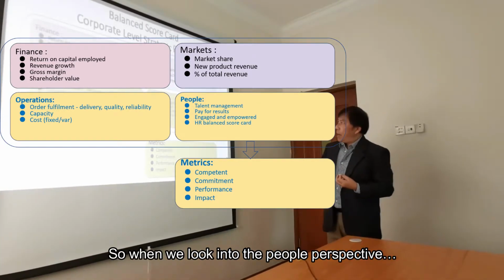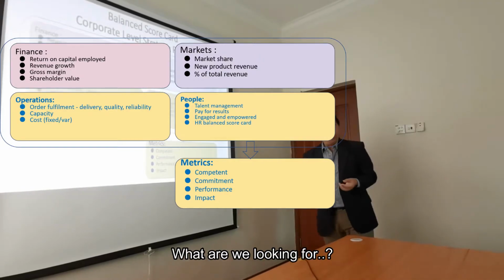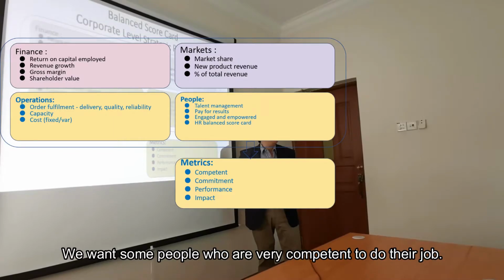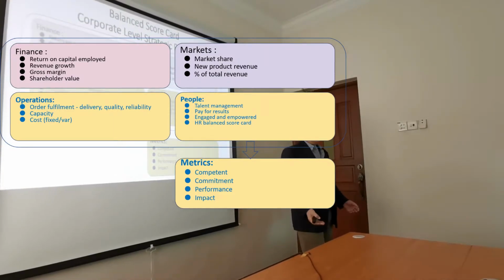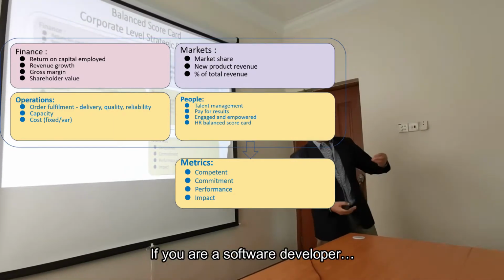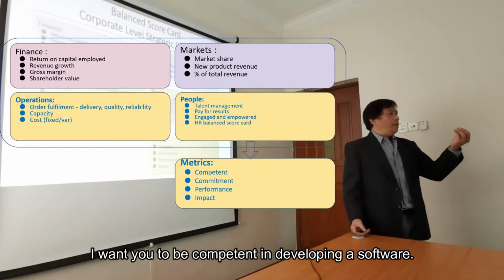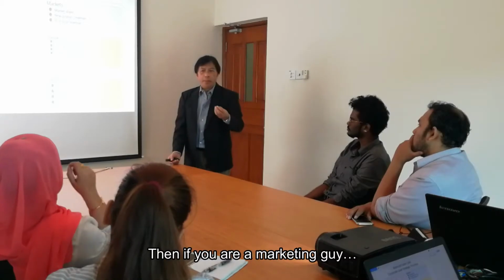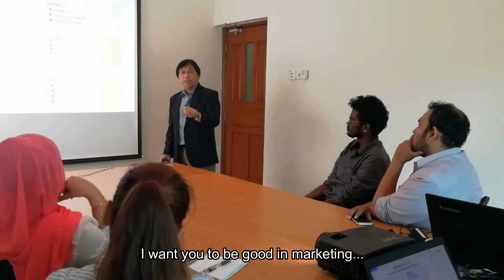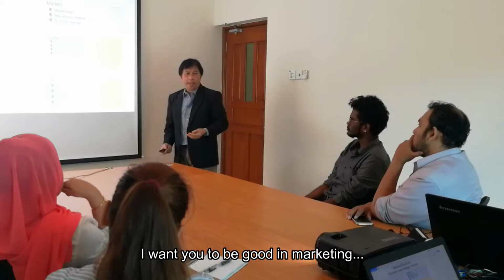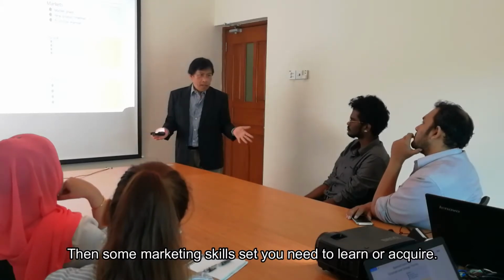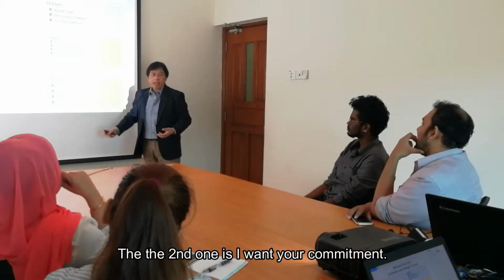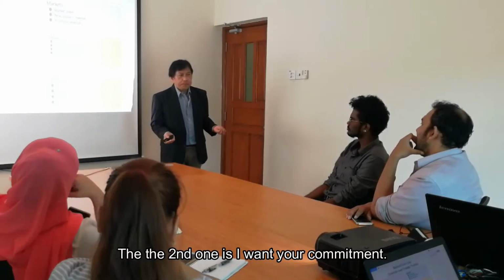So if you look under the people perspective, what are we looking for? We want people who are very competent to do the job. If you are the software developer, I want you to be competent in developing the software. If you're the marketing person, then I want you to be very good in marketing. There's some skill set that you need to learn or acquire. The second one is, I want your commitment.